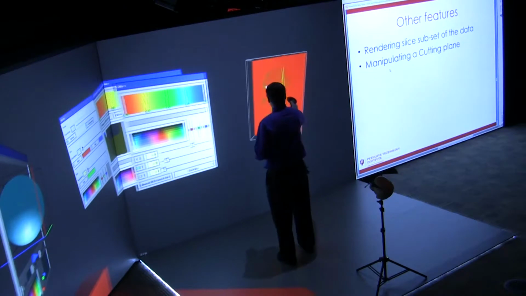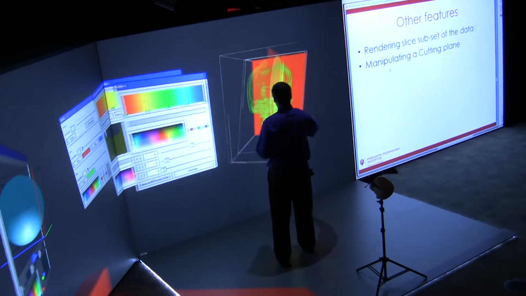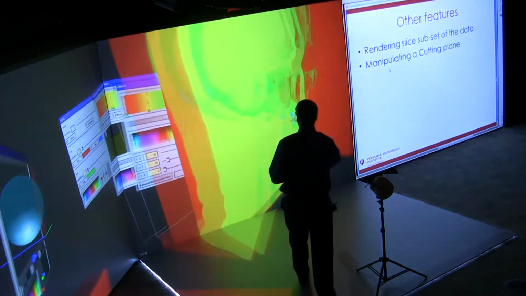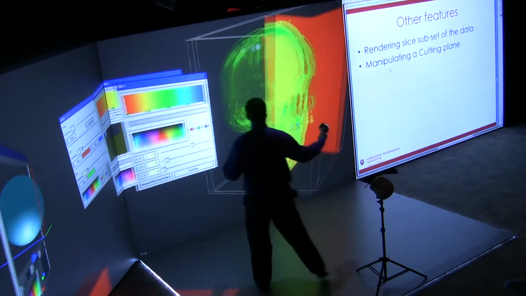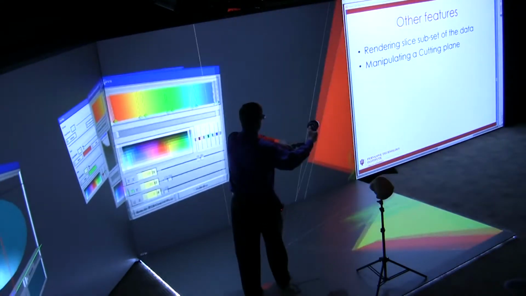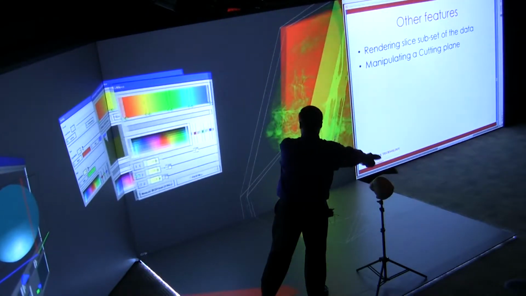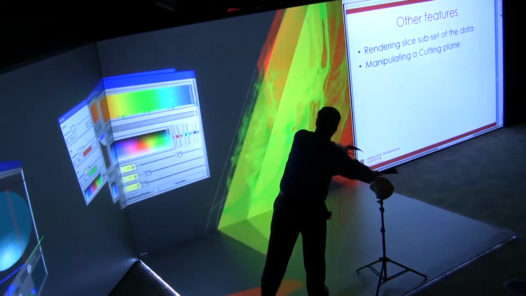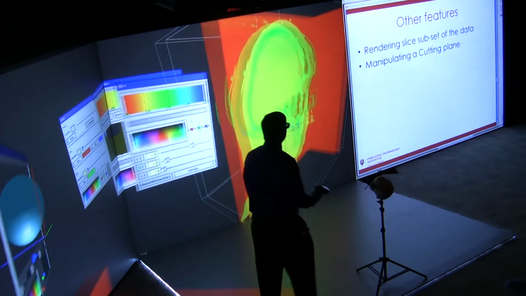I can translate it, rotate it in any direction, and I can bring it out in space with me, and then turn on the cutting plane. I don't have head tracking on, but normally if I had head tracking, I could also walk around with it and slice at the same time, and get right in there with the data. All right, I think that is all we were going to show with Toirt.